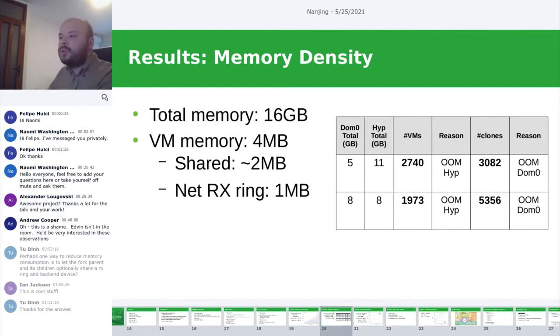We move further to the memory density experiment. We use the same setup here. I forgot to tell you the machine has 16 gigabytes of RAM. So we know that the maximum number of VMs that can be instantiated on a machine is limited by the available memory of that machine.